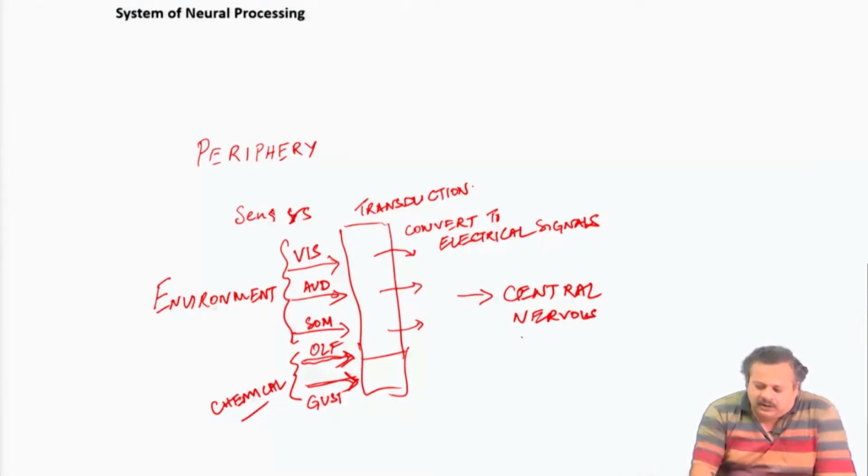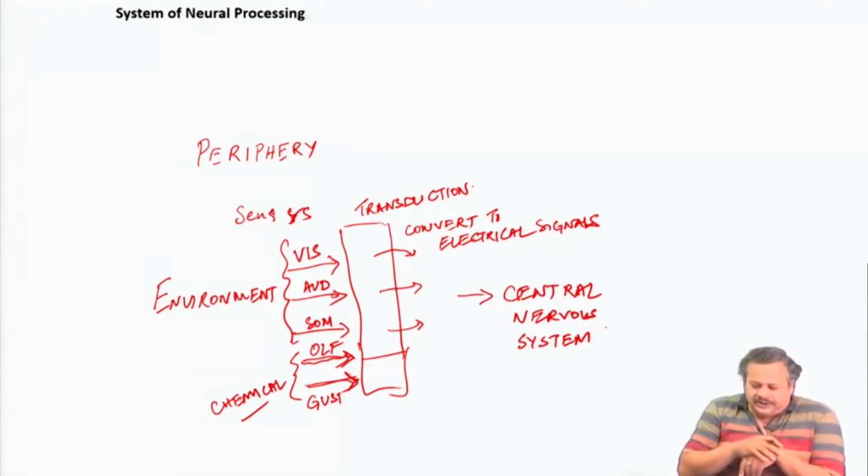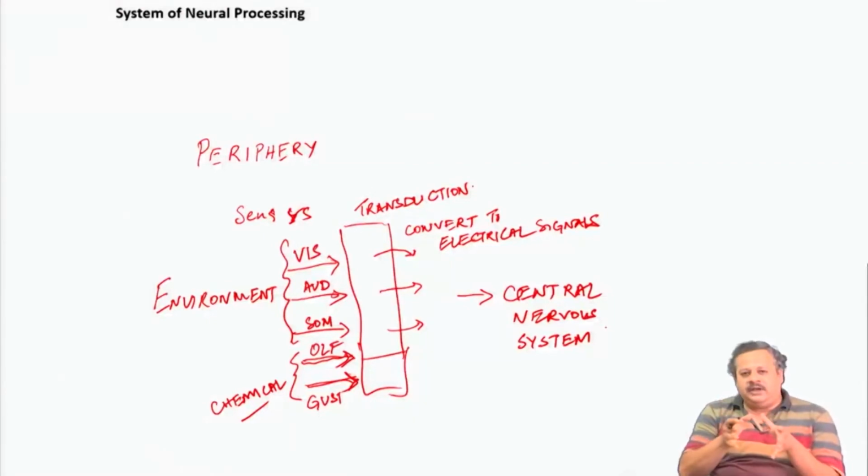even beyond the periphery, a common principle is present in terms of how things are organized, as we have been saying. The general principle is that at the very beginning, at the periphery, where these sensors are present, the first thing is breaking down the external world into very small discrete elements, or rather very simple elements.